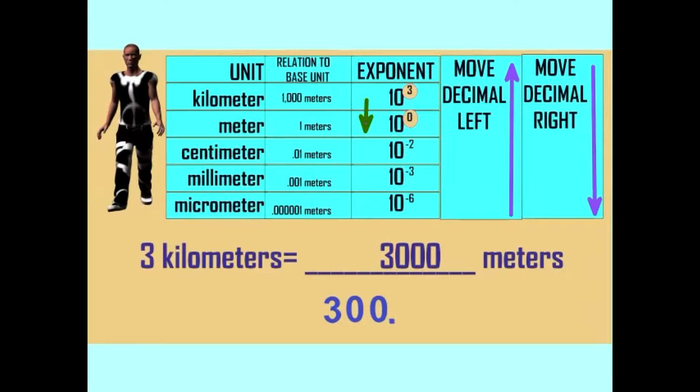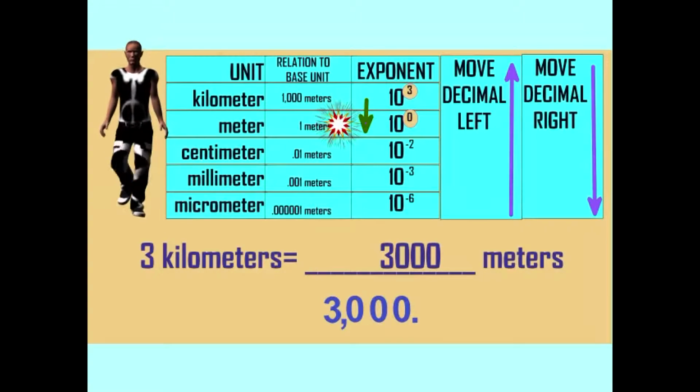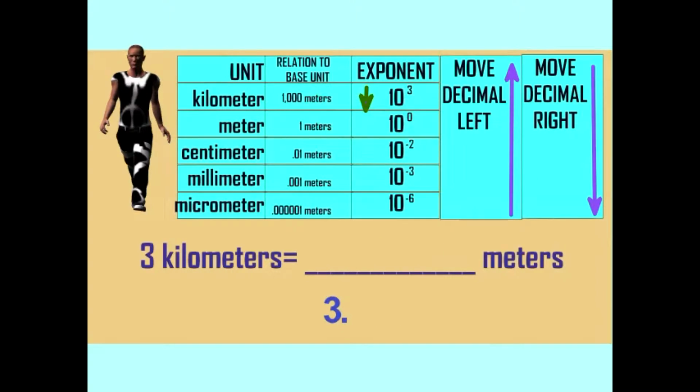And since I'm starting with a larger value of kilometers and going to a smaller unit of meters, this means I'm traveling downwards on my graph. And associated with the downward arrow, you see the note to move the decimal place to the right. So when I convert kilometers into meters, I will be moving the decimal place 3 places to the right.